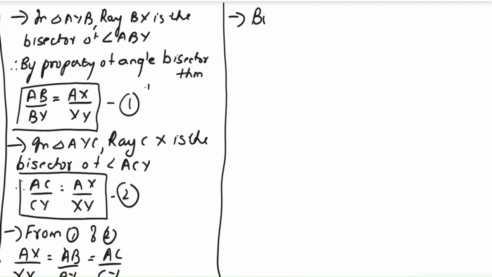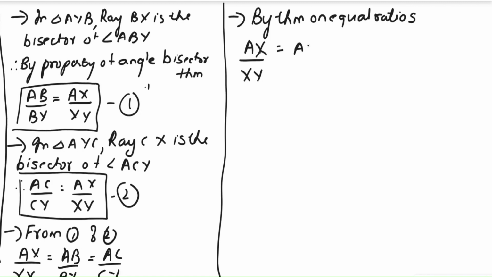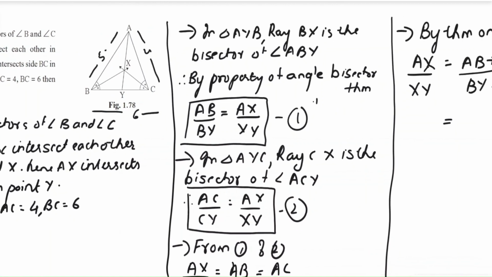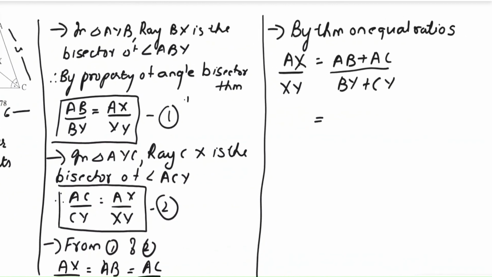By theorem on equal ratios, what we will get? AX upon XY is equal to AB plus AC upon BY plus CY, right? Now we'll check whose value is given. AB value is 5, AC is 4.